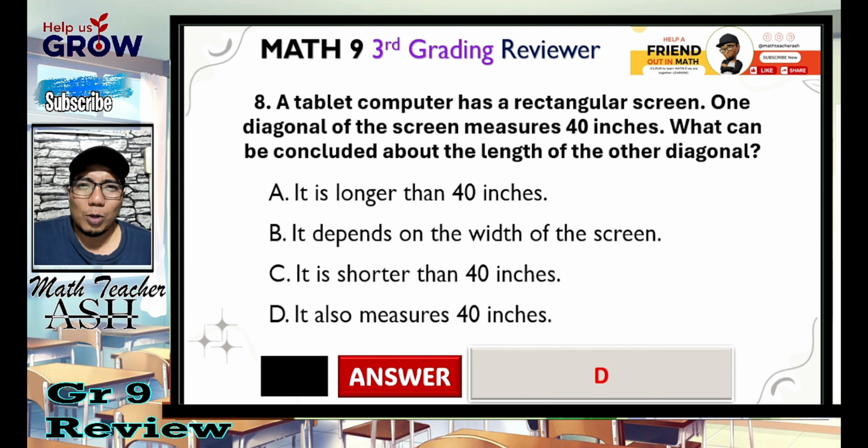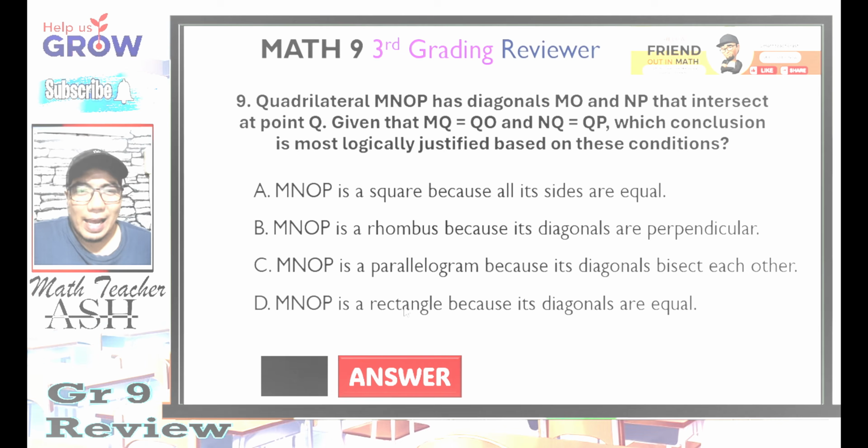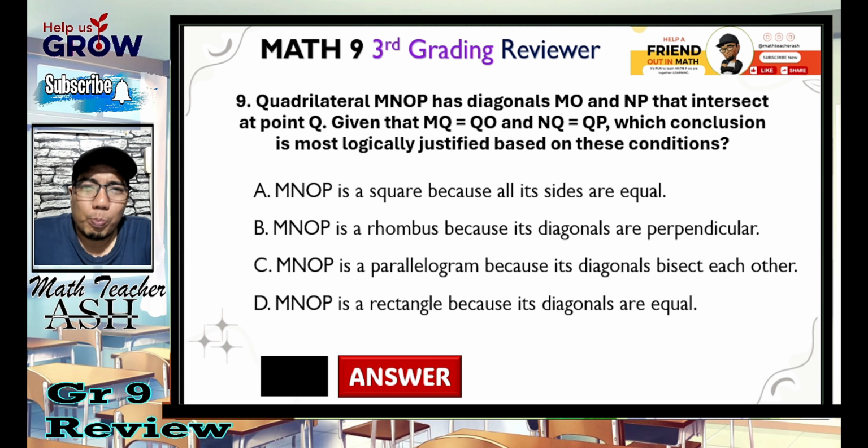So now let us go to question number 9. Quadrilateral MNOP has the diagonals MO and NP that intersect at point Q. Given that MQ is equal to QO and NQ is equal to QP, which conclusion is most logically justified based on this condition? Is it A, MNOP is a square because all its sides are equal?